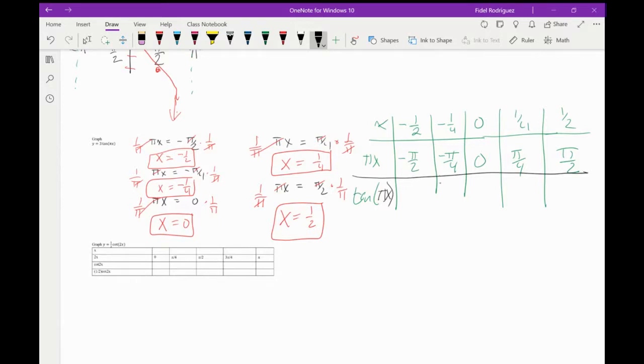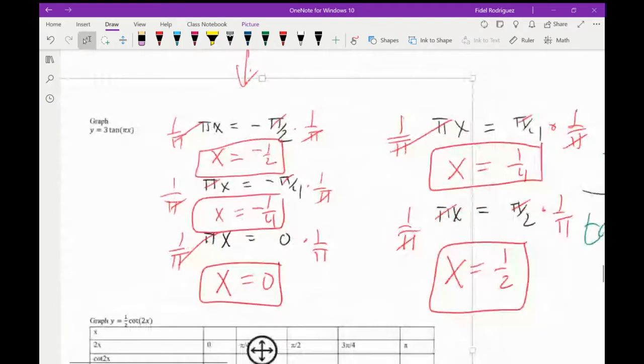So remember, the tangent of pi over 2 is undefined, right? This one should be negative 1, 0, 1, and undefined. And then now, look what we have in front right here.